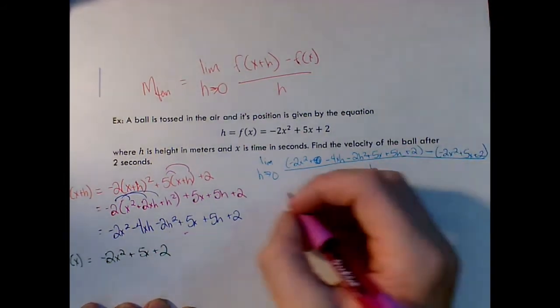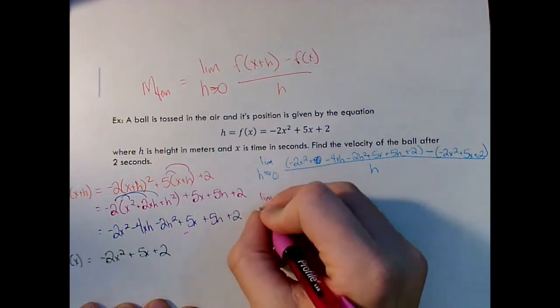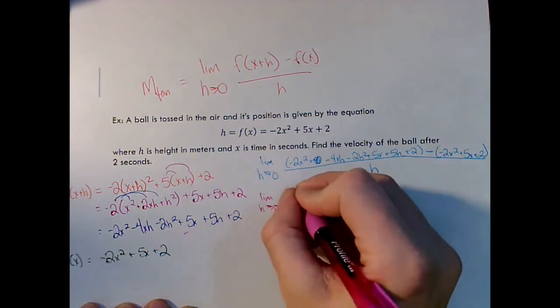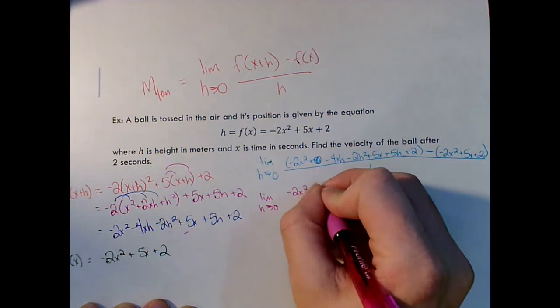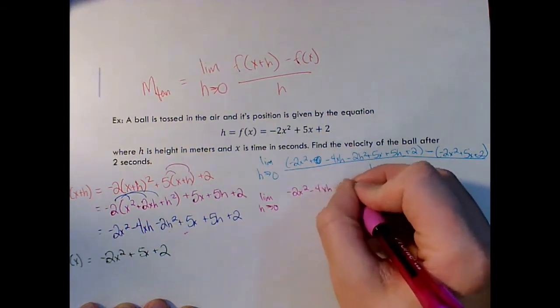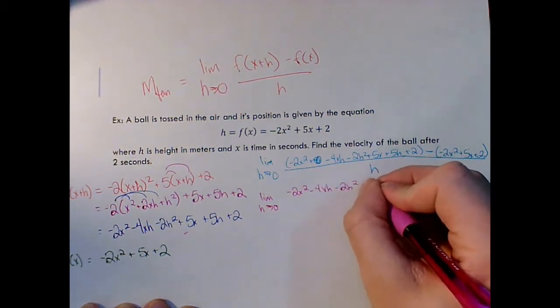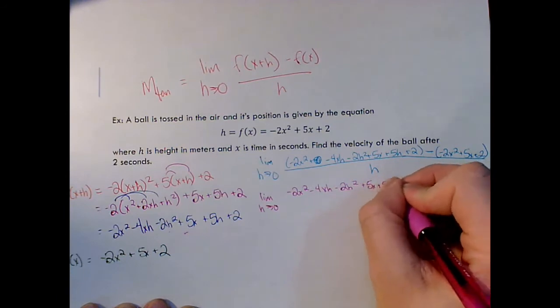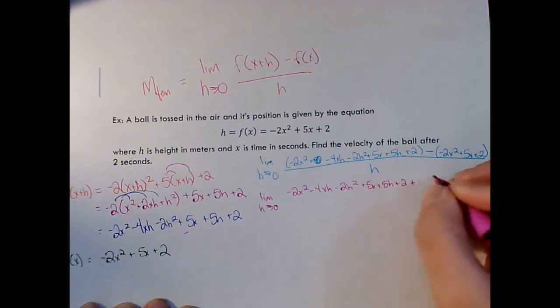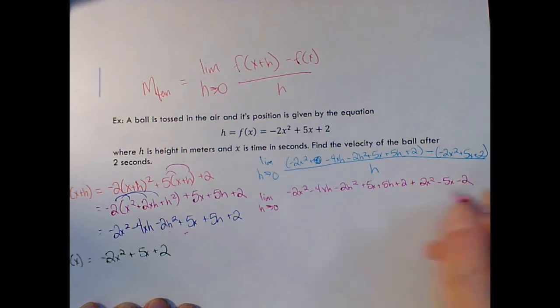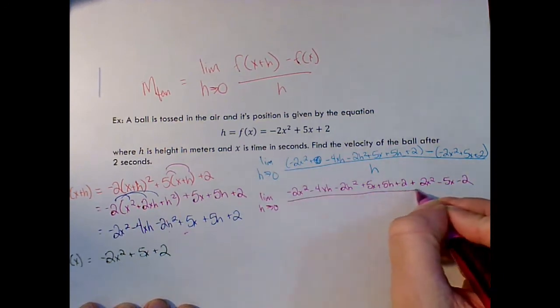So let's drop the parentheses and distribute that negative, and that's going to give us negative 2x squared minus 4xh minus 2h squared plus 5x plus 5h plus 2 plus 2x squared minus 5x minus 2 over h.